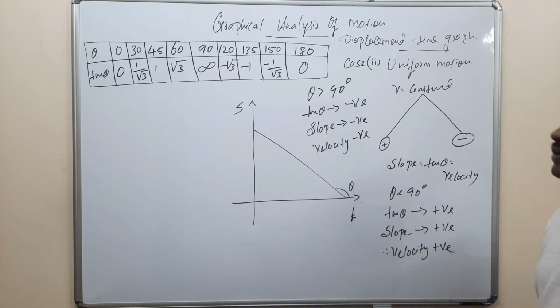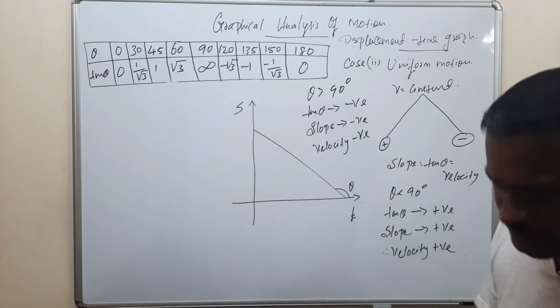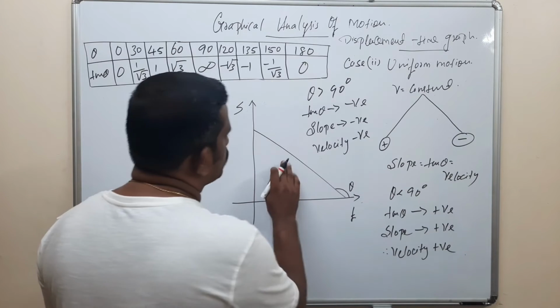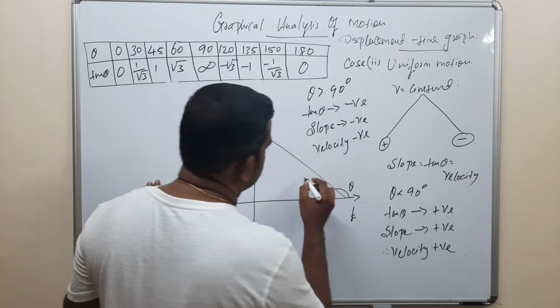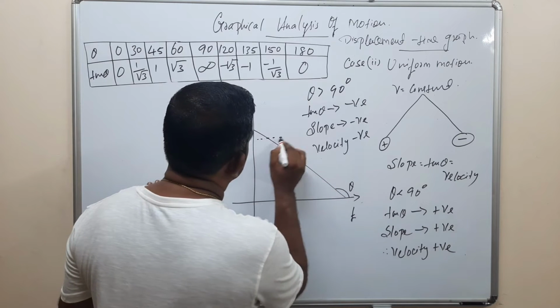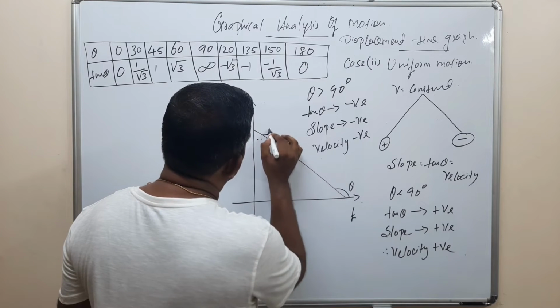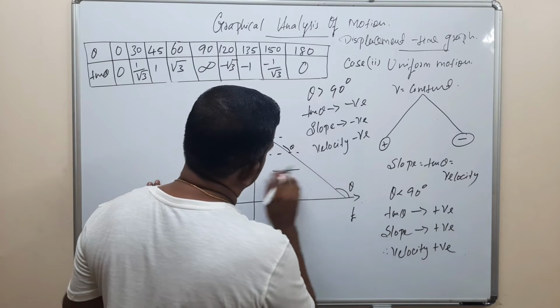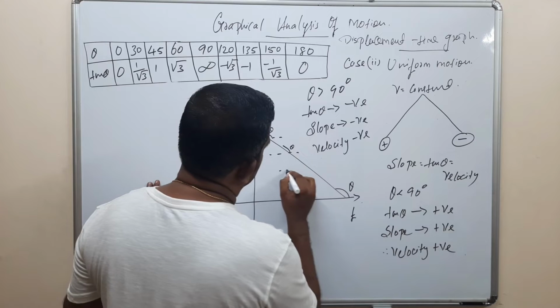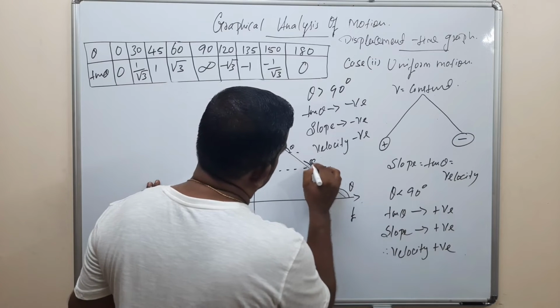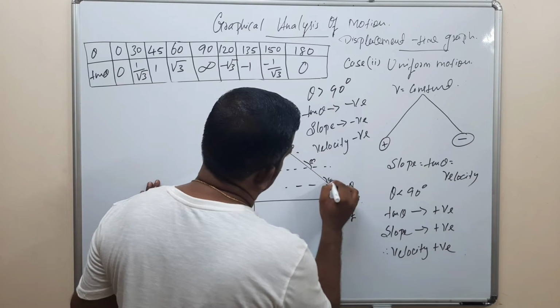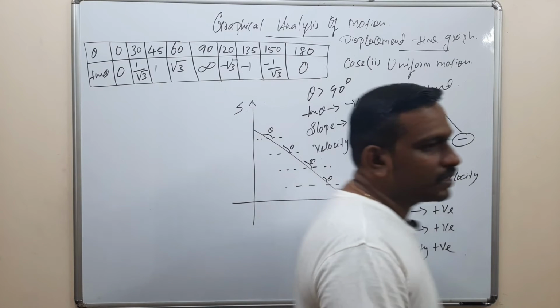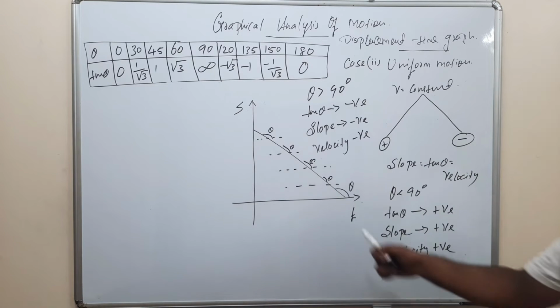Okay, then constant. Here also, if you find the slope at each and every point of this curve, at each and every point the slope is constant.